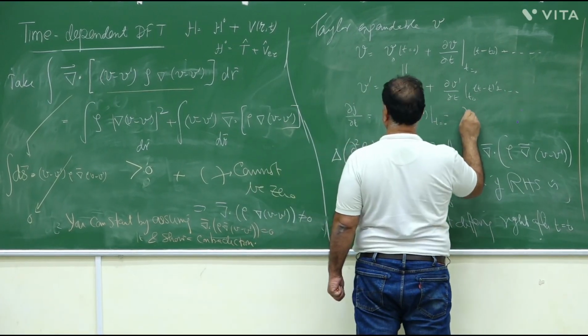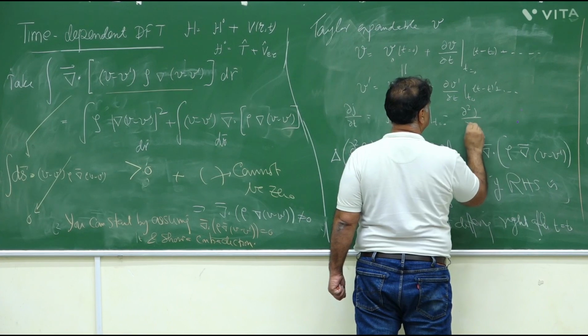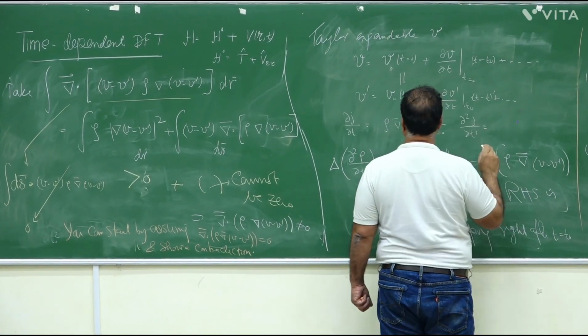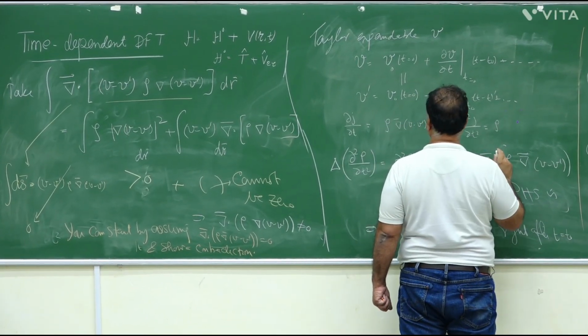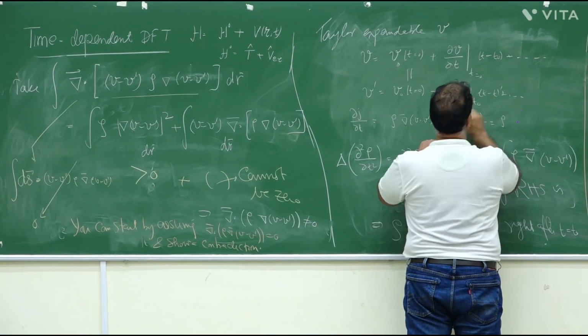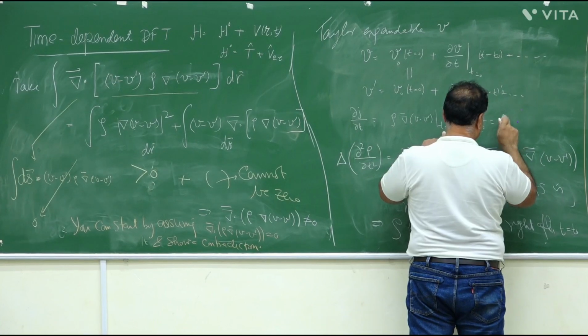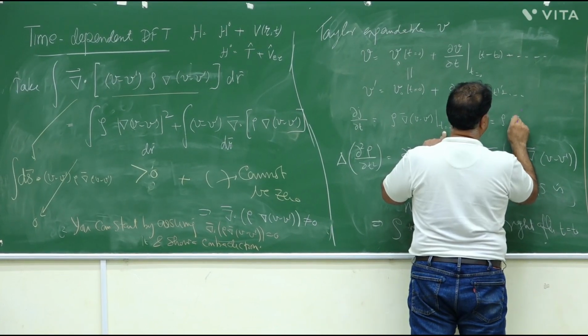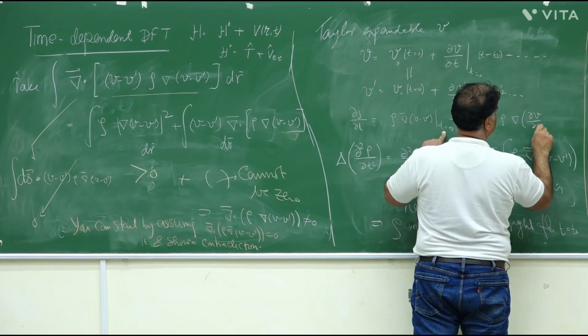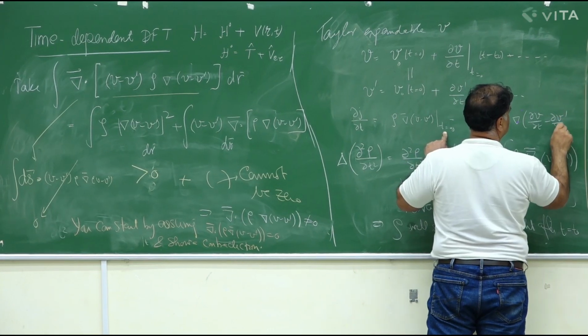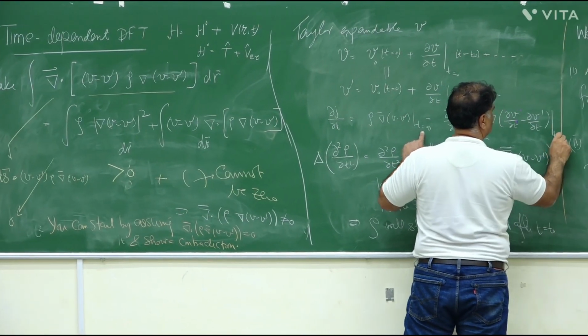Then you can show d²j/dt² is going to be ρ times grad of (dV/dt minus dV'/dt) at t equals 0, because at t equals t0 this cancels. So I'll have to calculate the second derivative, and the dρ/dt part will come out to be different.